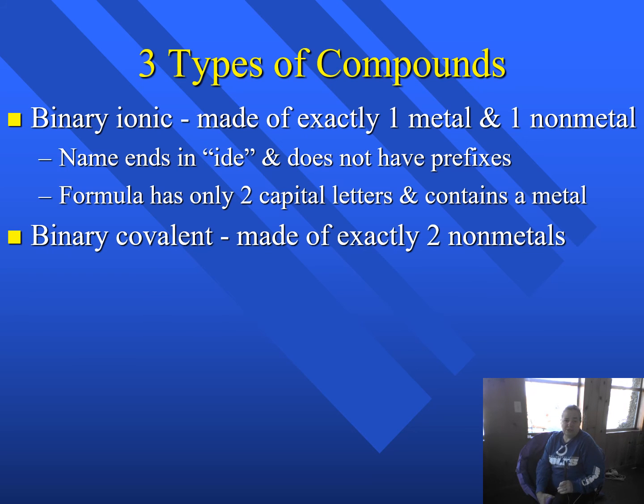And the ones made out of just nonmetals, because it's binary, the name will end in "ide", but at least one, if not both, of the words will have a prefix on it, like carbon dioxide. That's a binary covalent.